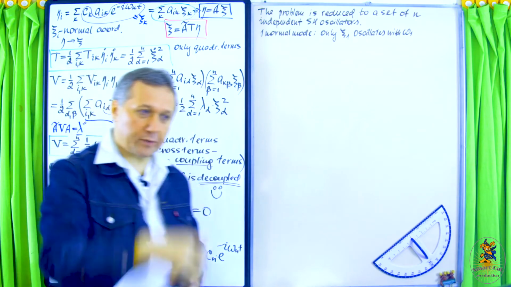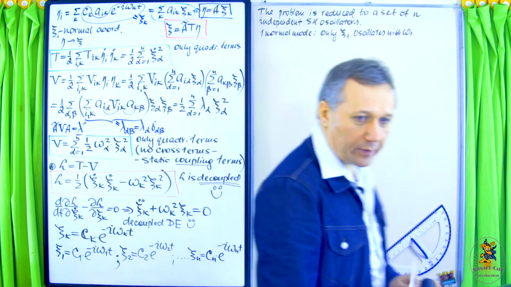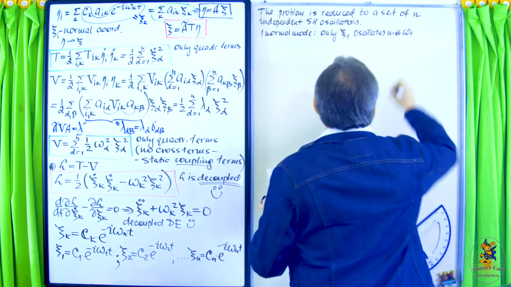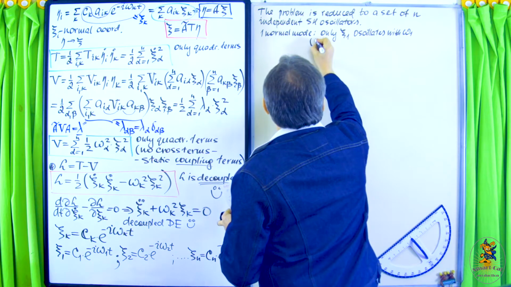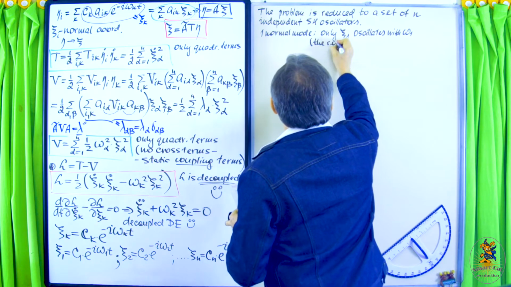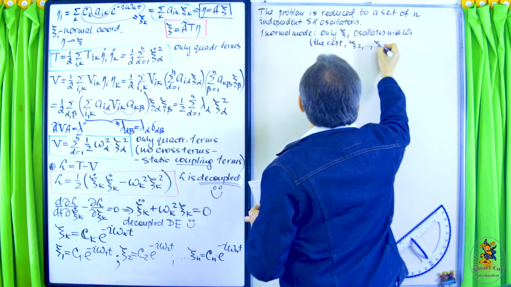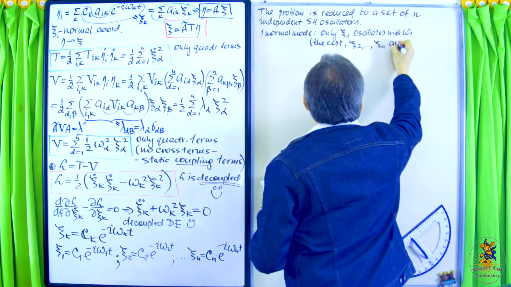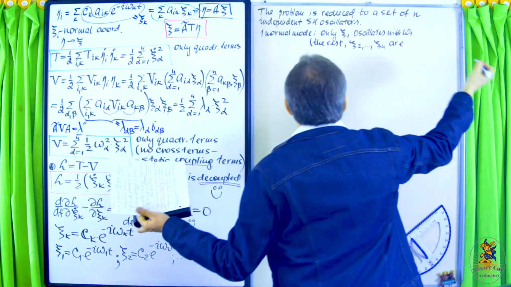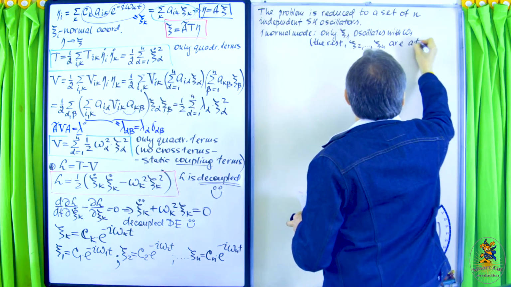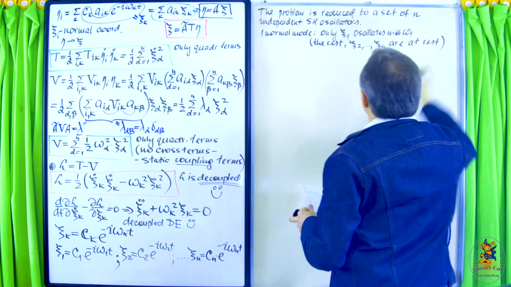Normal mode 1, frequency omega 1; normal mode 2, frequency omega 2. And the rest, psi 2 and all the way to psi n, are at rest. Okay, the rest are at rest. Sounds funny. I didn't plan it.